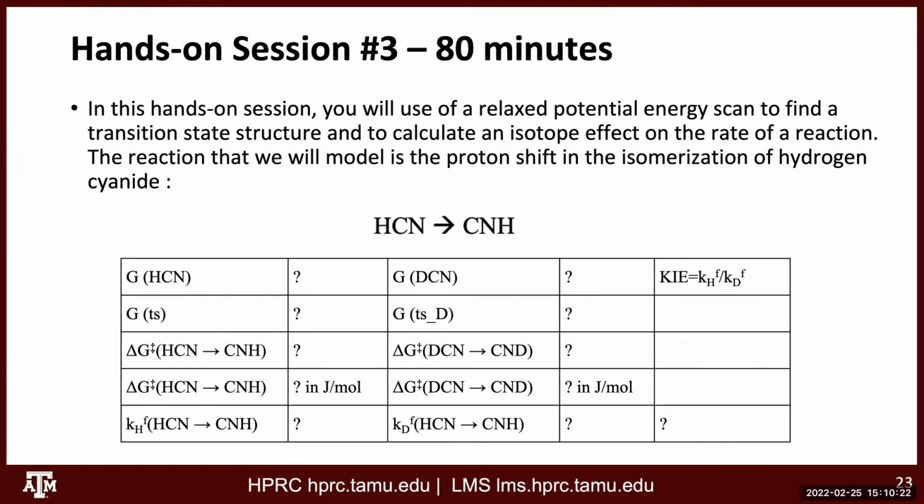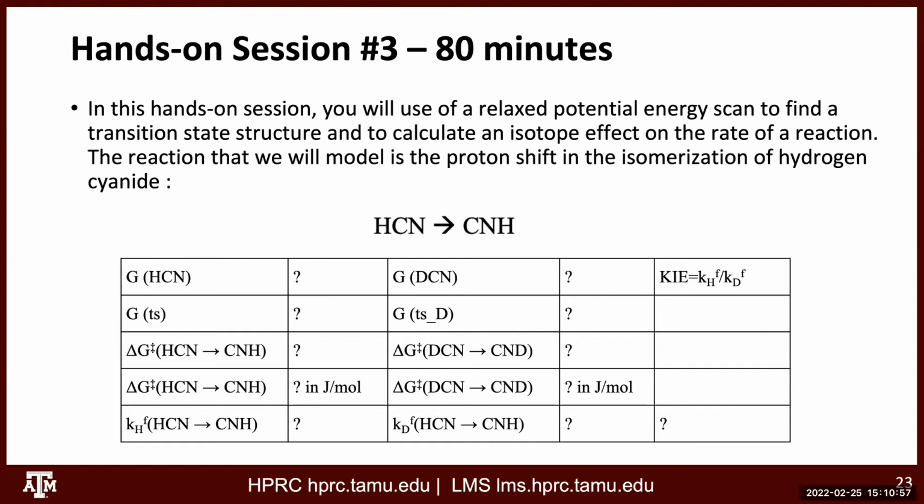All right, so for the next hands-on part, you're going to use a relaxed potential energy scan to find the transition state structure and calculate the isotope effect for the isomerization of HCN to CNH. Here, I'll provide you a table that you need to fill out with the numbers that you got from the calculation.